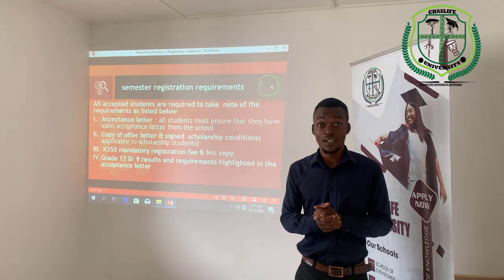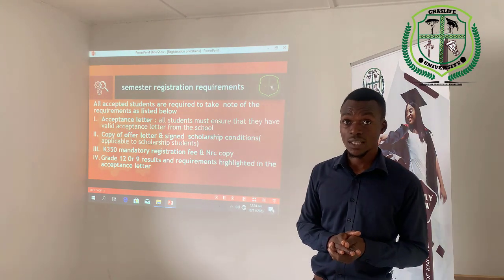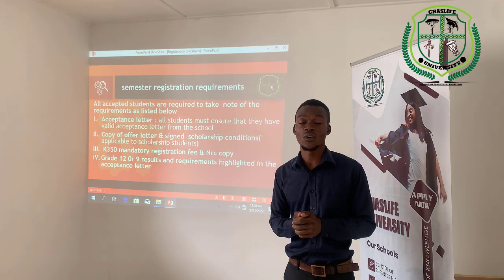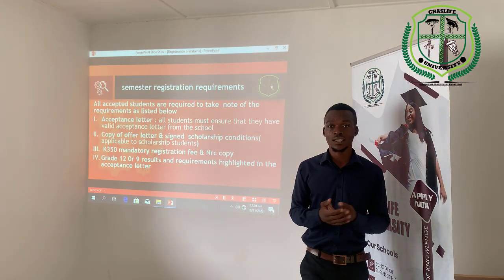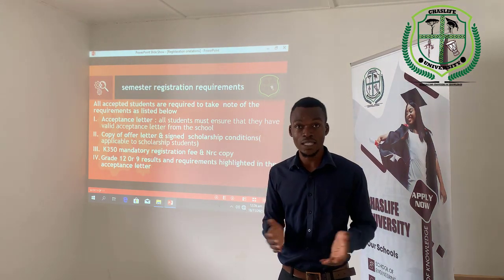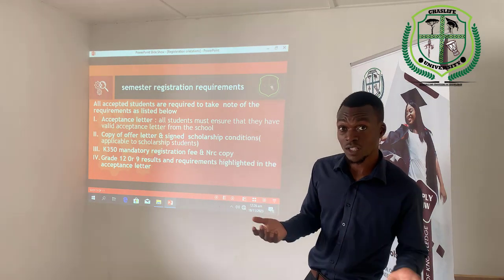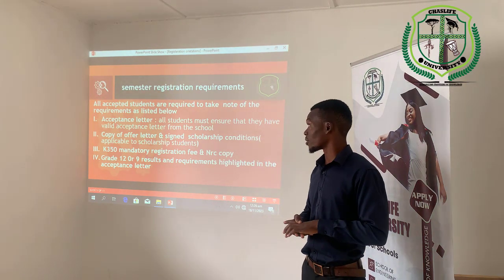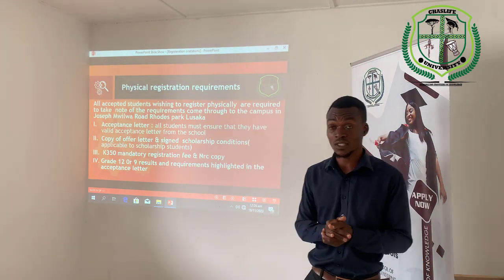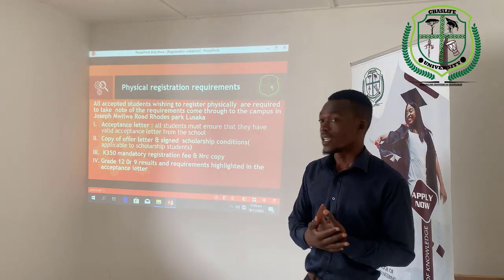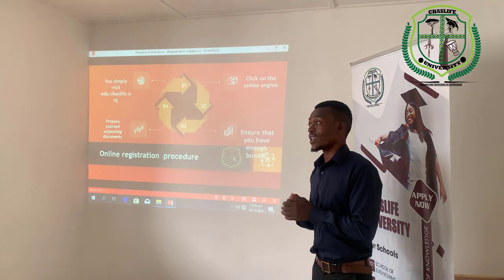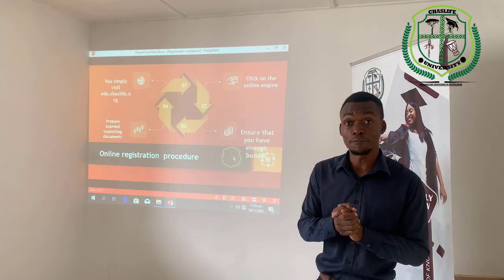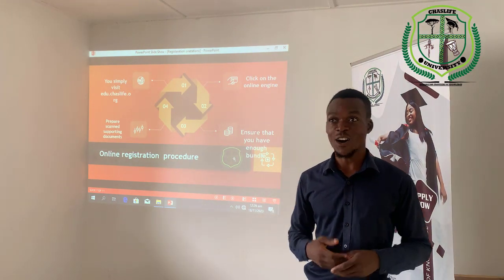There is an online platform that allows people to get registered regardless of where they are and in which province they are. So let's look at the procedure that allows people to register online.